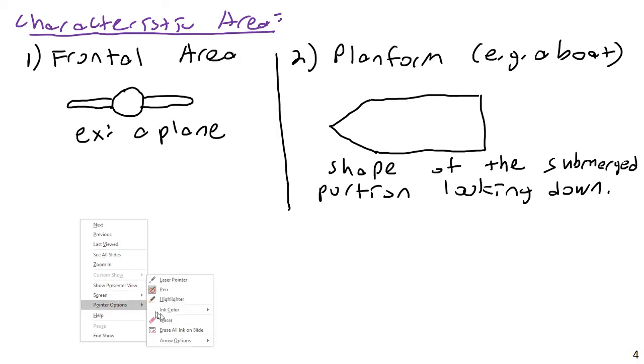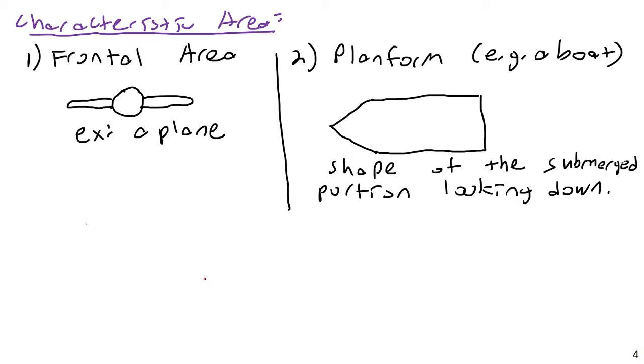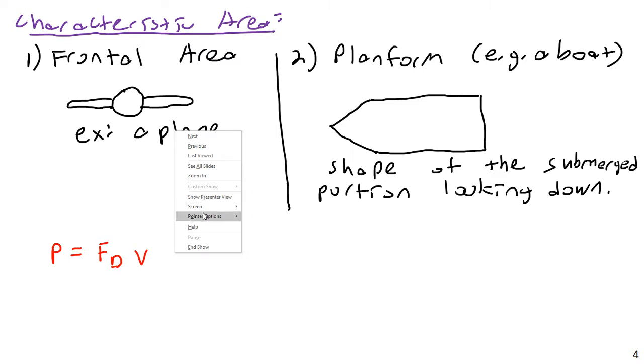And then, if I combine this together, I can have an expression for the power required to overcome this drag force. The power is going to be the force of drag times V. We know that P equals F times V, and we've seen that ever since basic physics. You saw that in high school physics.